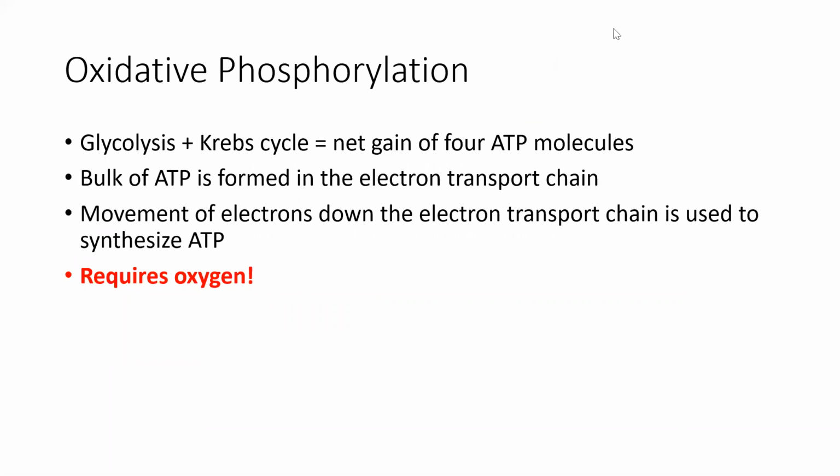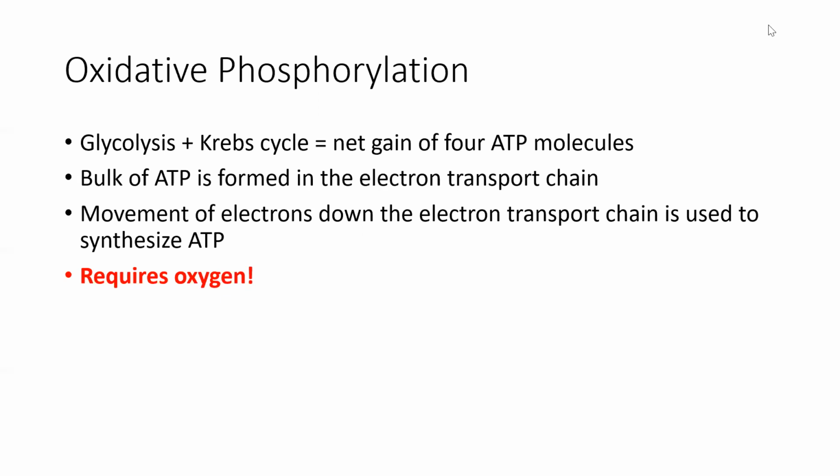Thank you. So we said the earlier stages of glucose oxidation, glycolysis and the Krebs cycle, did not yield very much ATP, about 4 net ATP if we consider what we have to invest. So the bulk of the ATP is actually formed in this third phase that we're going to talk about. This is the electron transport chain, and we kind of briefly described this when we left off.